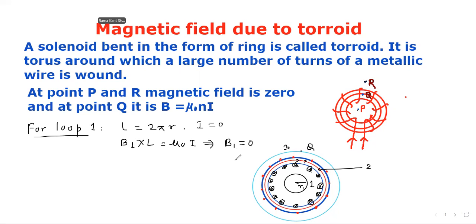Now we consider a point inside the toroid, that is, Amperian loop number 2.